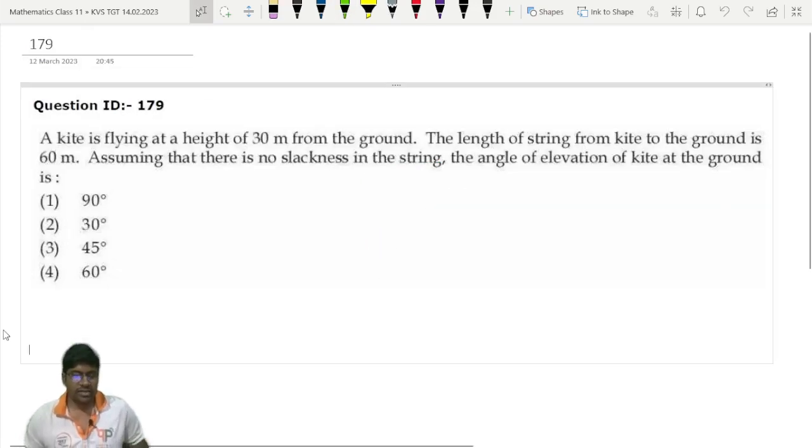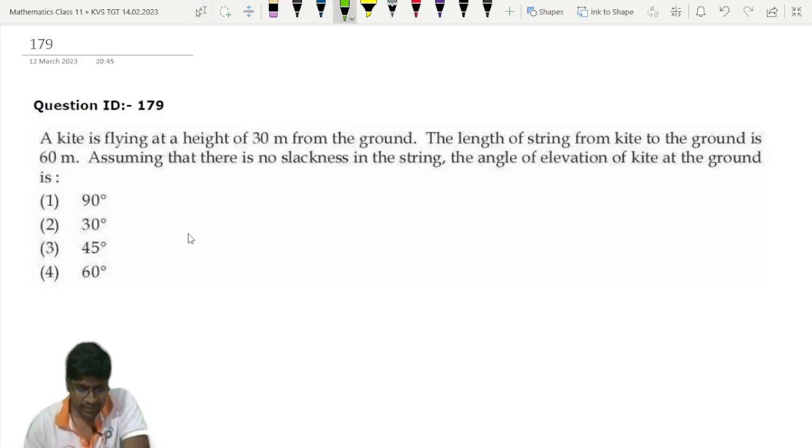Now question number 179. A kite is flying at a height of 30 meter from the ground. The length of the string from the kite to the ground is 60 meter. Assuming that there is no slackness in the string, the angle of elevation of the kite at the ground is what?